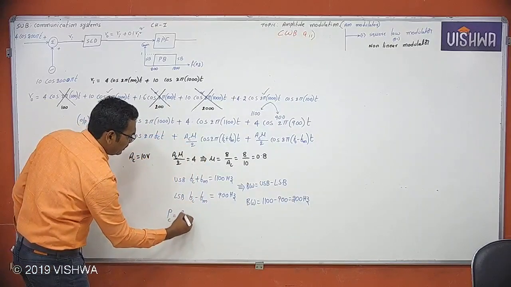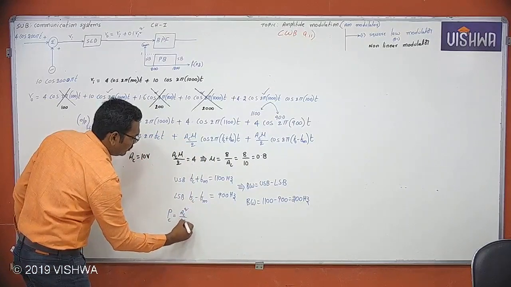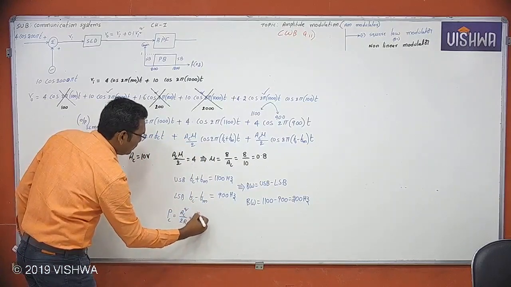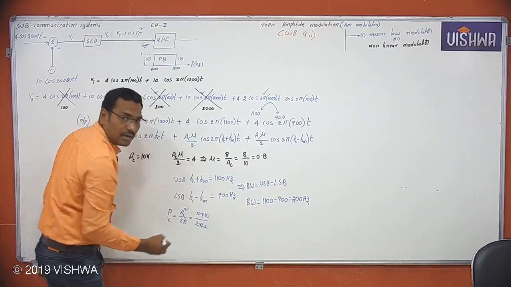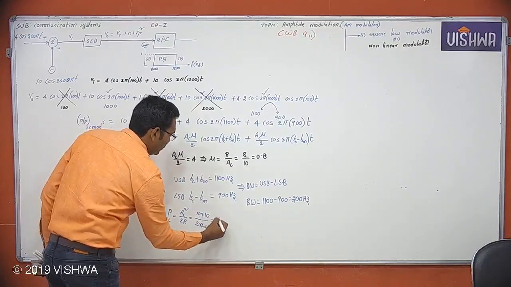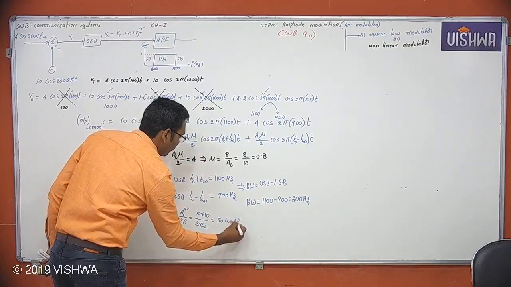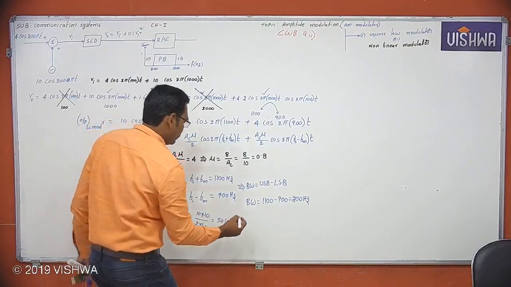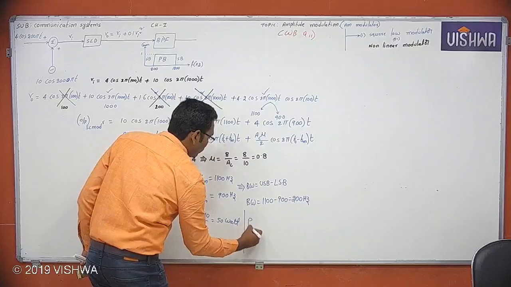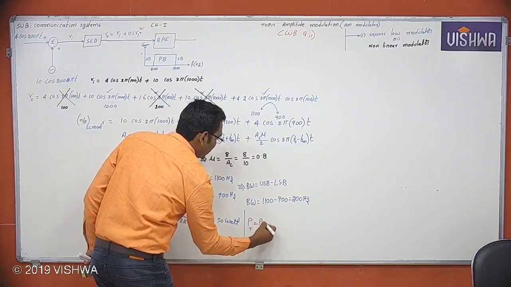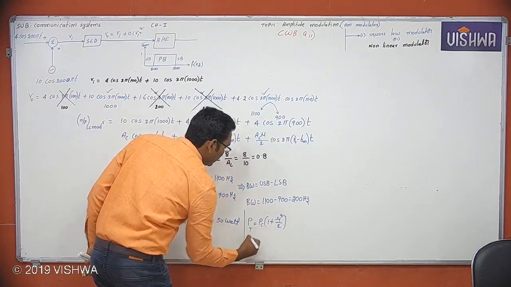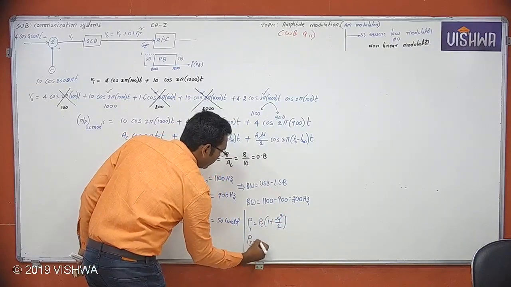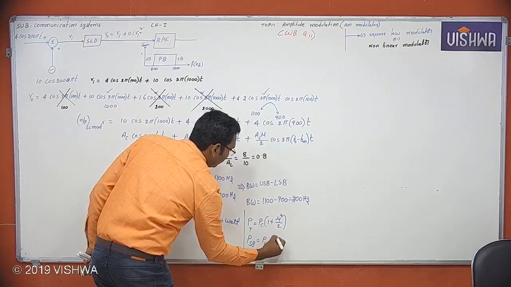The carrier power is Ac square by 2R, which is 10 into 10 by 2, with R equal to 1 ohm, normalized power, therefore equal to 50 watt. Next, the total power is Pc into 1 plus mu square by 2, and the sideband power is Pc into mu square by 2.